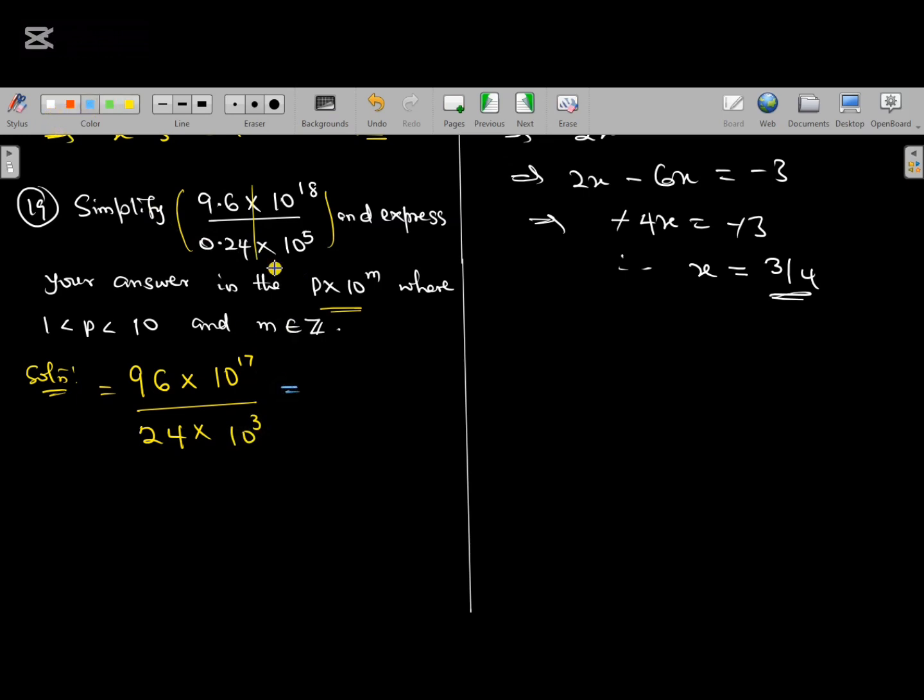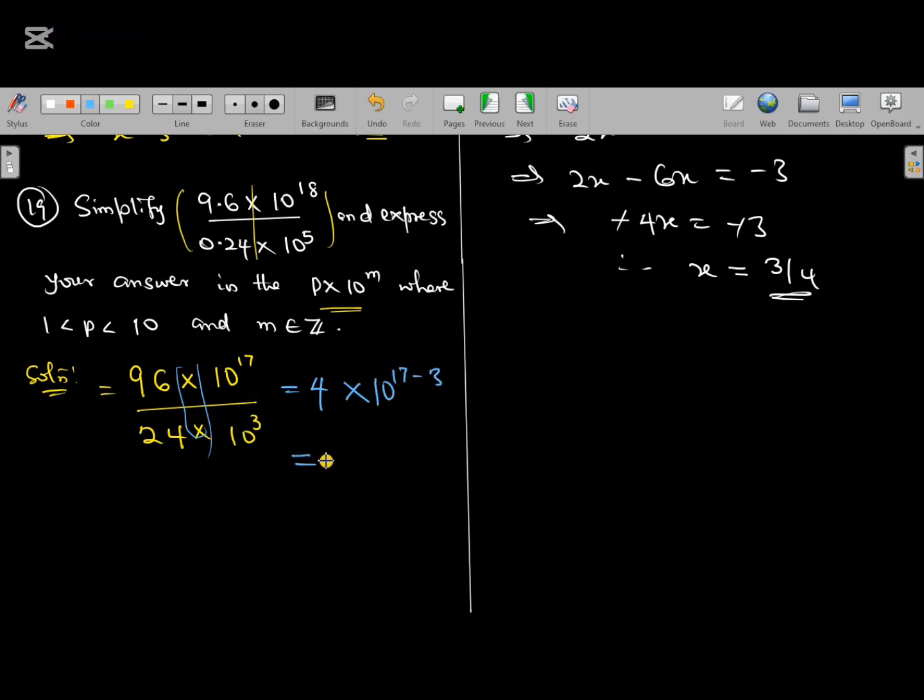So you can now do the splitting I talked about. 96 will be divided by 24, and that's equal to 4, because 24 times 2 is 48, and 48 times 2 again is 96. So you now bring multiplication, then you do 10 to the power of 17 minus 3.